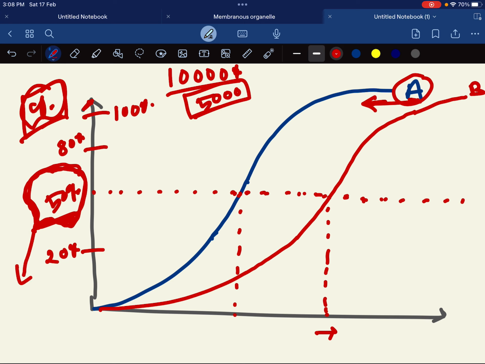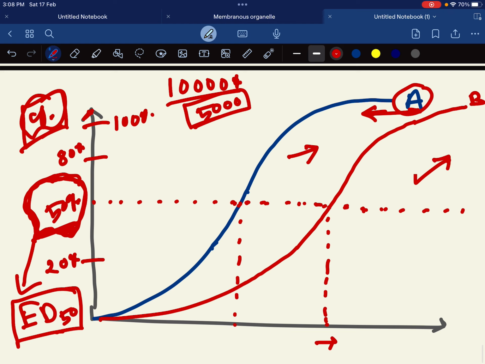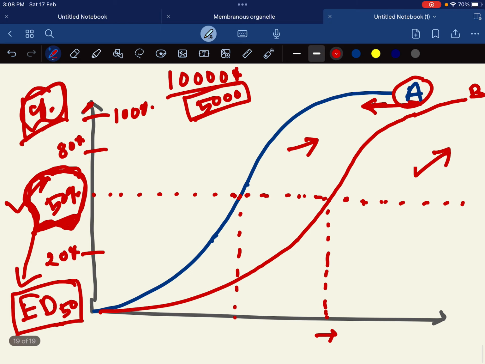A term derived from this quantal drug response curve is ED50. ED50 is a pharmacological index obtained from the quantal drug response curve at which 50% of the observed population shows the same effect or potency of the drug.